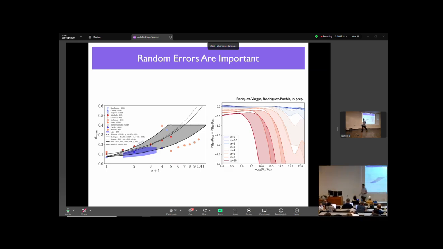So it's very important to take those into account. In addition, if you put in the intrinsic scatter of the stellar to halo mass relation, you will have larger differences. So when you compare at higher redshifts, it's very important to take into account Eddington biases.